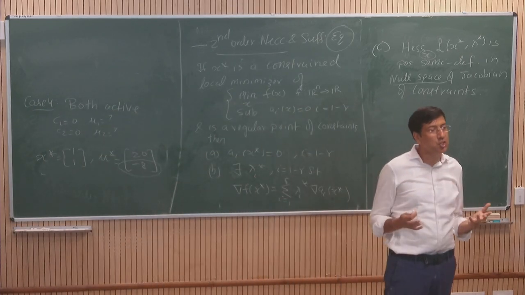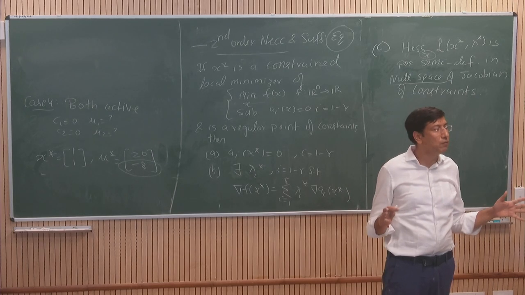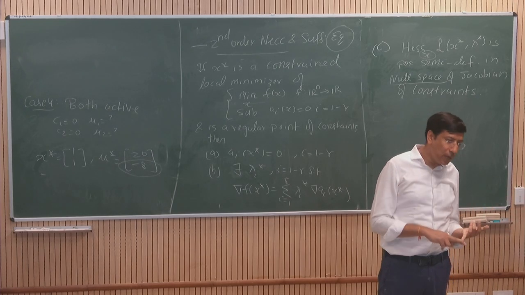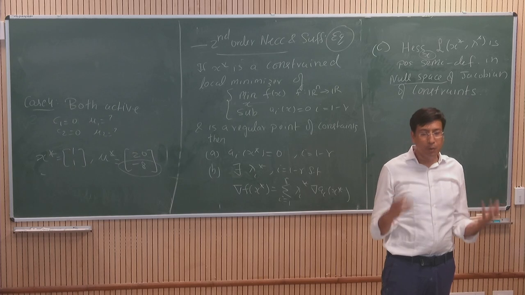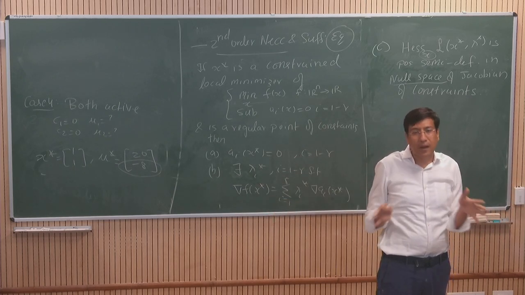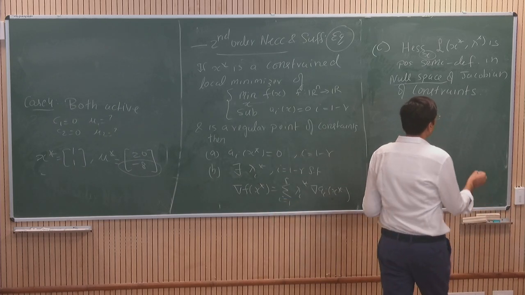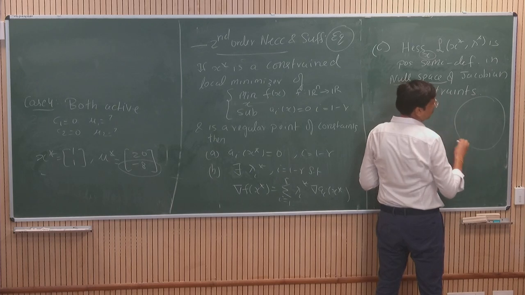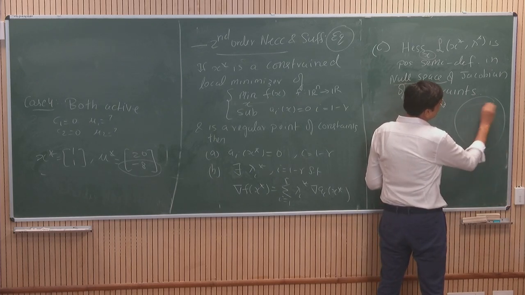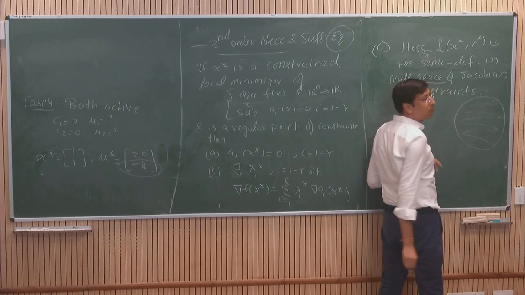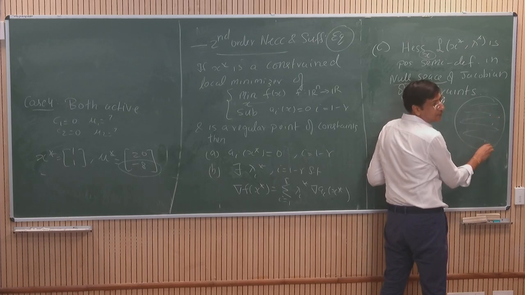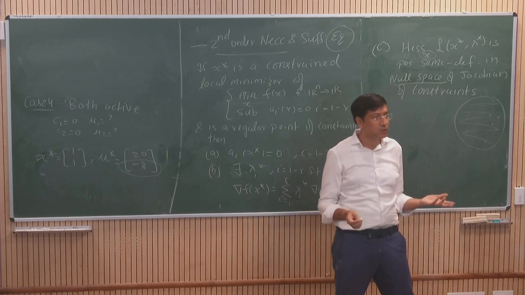It would have been much harder to prove that the Hessian of the Lagrangian, with respect to x and with respect to lambda, is positive semi-definite over all of the space. Rather, we just look at the smaller space. If this is some sort of n-dimensional space, saying that your matrix is positive semi-definite means checking for every vector inside it.